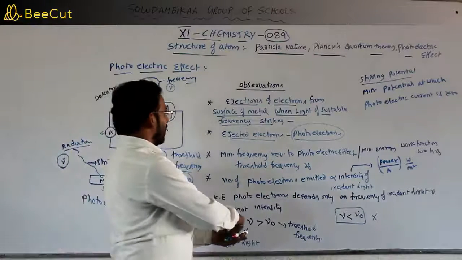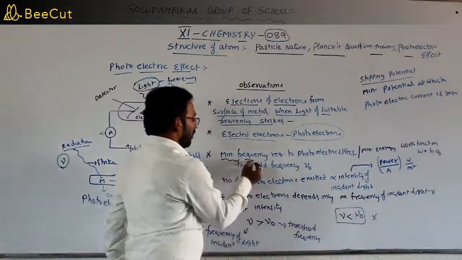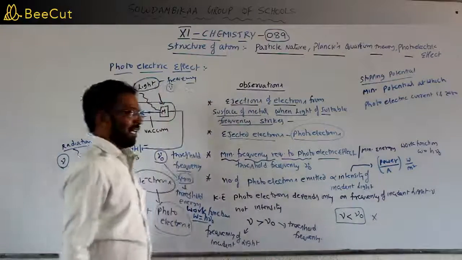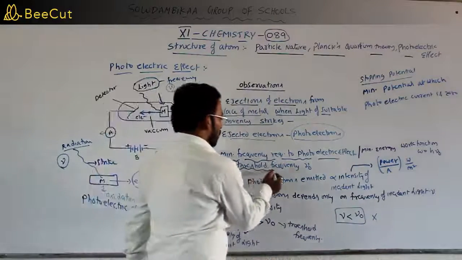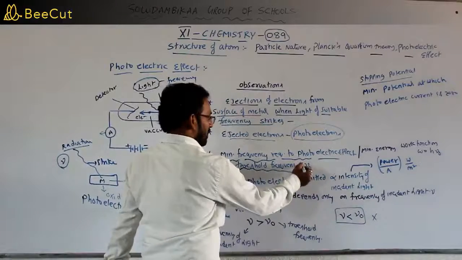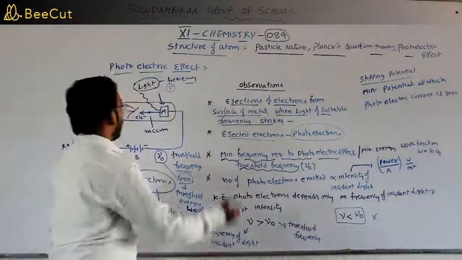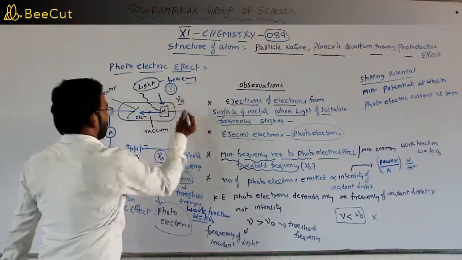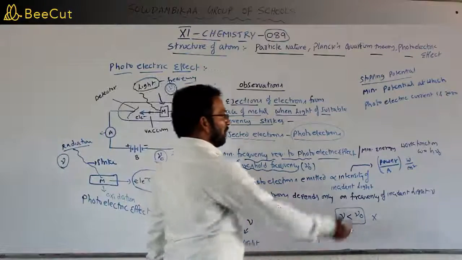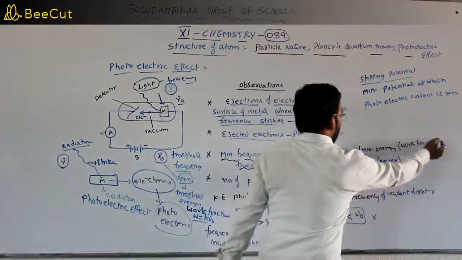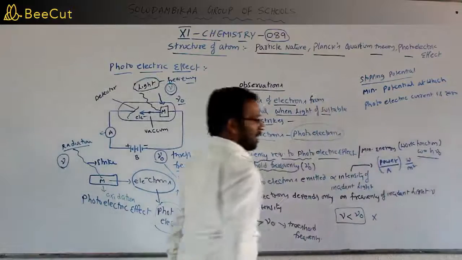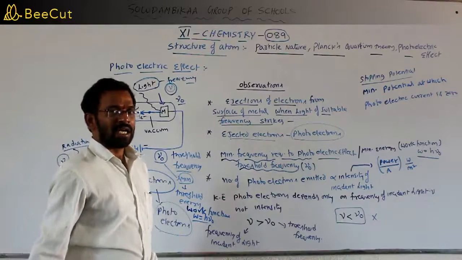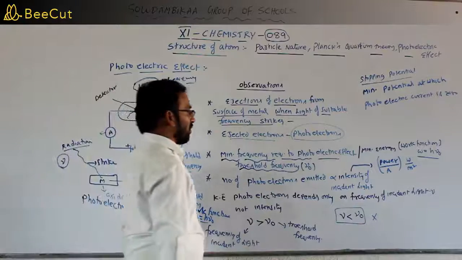Now, the third point: the minimum frequency required to eject photoelectrons or produce the photoelectric effect is called the threshold frequency. It is represented by nu naught. If nu is the frequency of light, nu naught is the threshold frequency. The minimum energy required is called the work function, denoted by W, obtained by multiplying Planck's constant and nu naught.